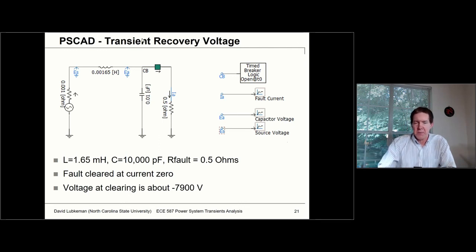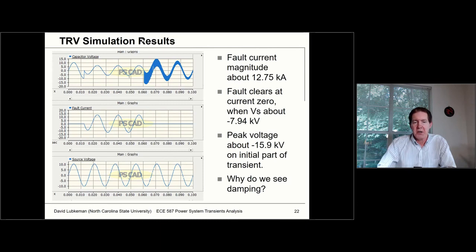And then I'll go through an example that shows what these waveforms will look like in PSCAD. I'm not going to spend a lot of time on this here, but what you see is we're going to model back-to-back transits. We're going to start off with a fault current, and so we have the fault current in here. It's going to clear after a certain period of time.